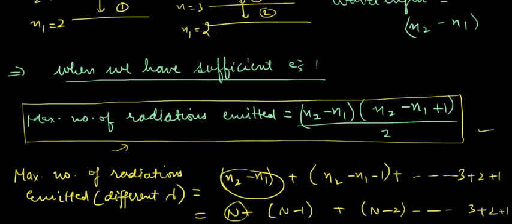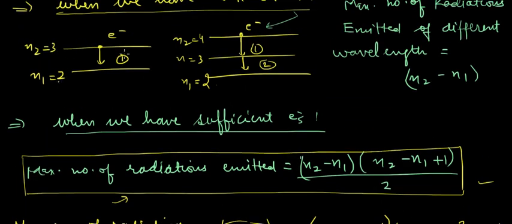As you can imagine, from 3 to 1 there is one transition, and from 4 to 3 there are two transitions. So why is this the case? First, n2 minus n1 is one of the transitions here, and then there could also be a transition in which we have n2 minus n1 plus 1. Up to the third level the count increases by 1, hence the total for 4 to 2 would be 2.